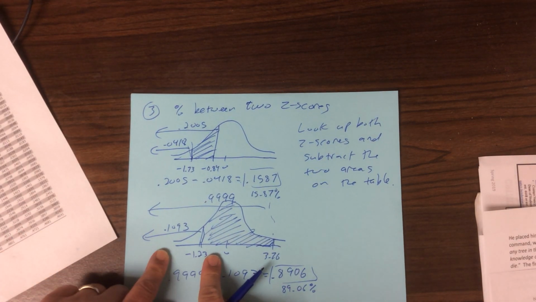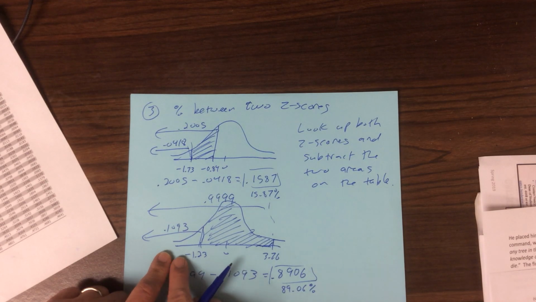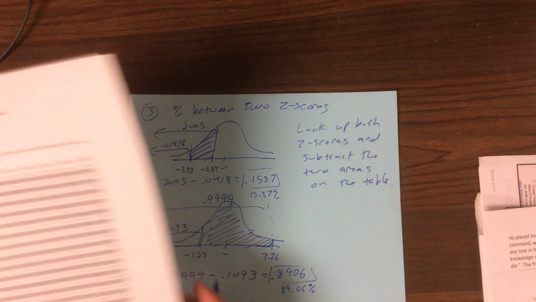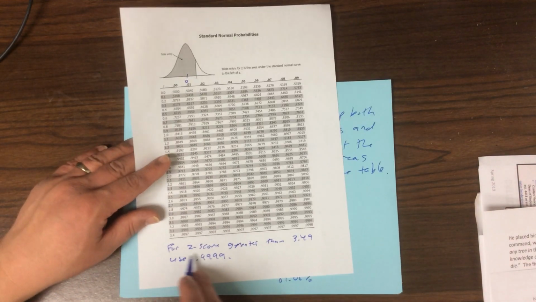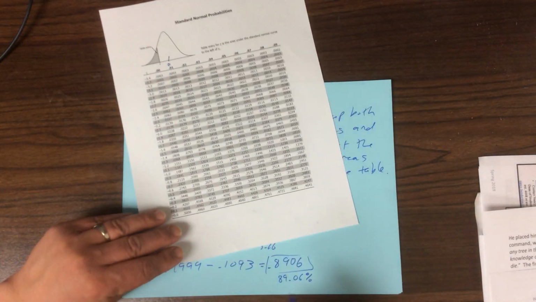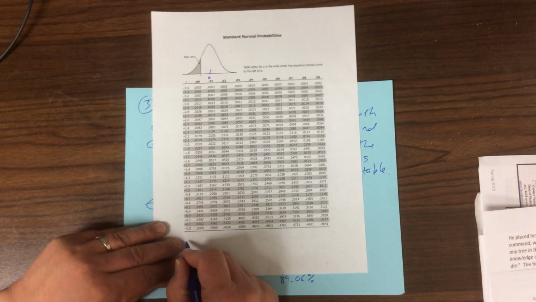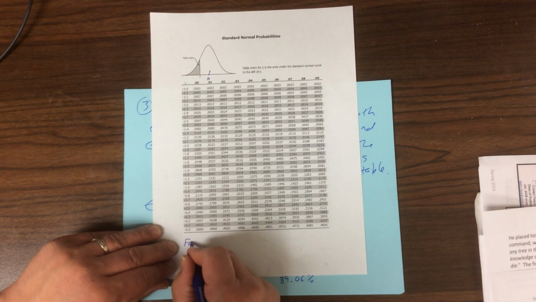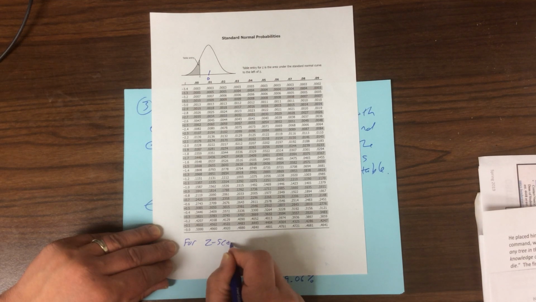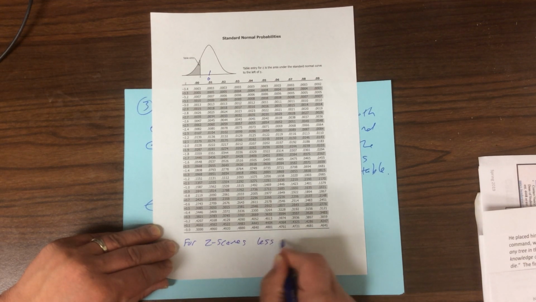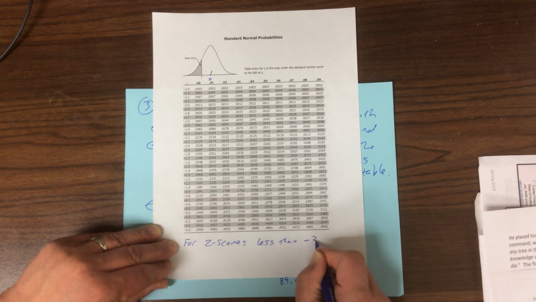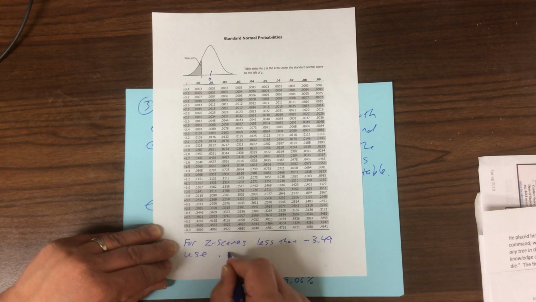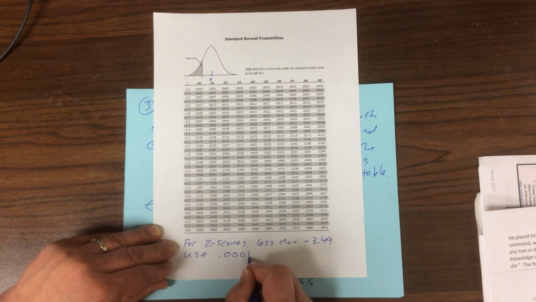Okay, so similarly, if you have a really high negative z-score, like something beyond negative 3.49, you only get a little bit of area. And so like we wrote here on the positive side of the table, on the negative side, write for z-scores less than negative 3.49, use 0.0001.